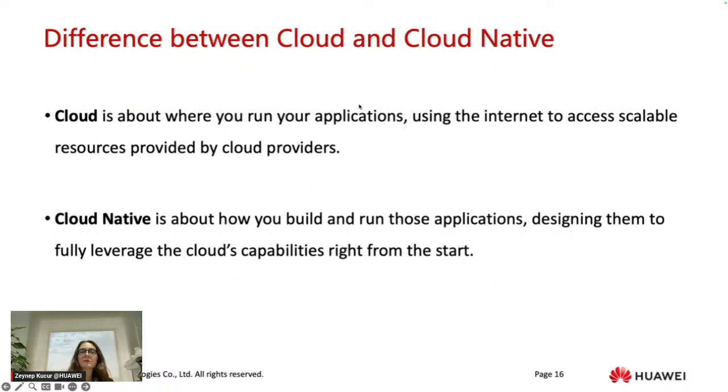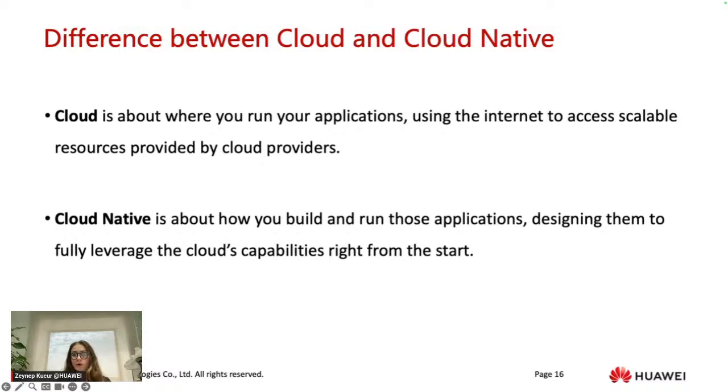And what is the difference between cloud and cloud native? I think you might have understood till now, but let's proceed with it. We are really looking at two different approaches to how applications are designed, built, and deployed in relation to cloud environments. Let's start with cloud. Cloud computing is all about delivering computing resources like servers, storage, and databases over the internet.